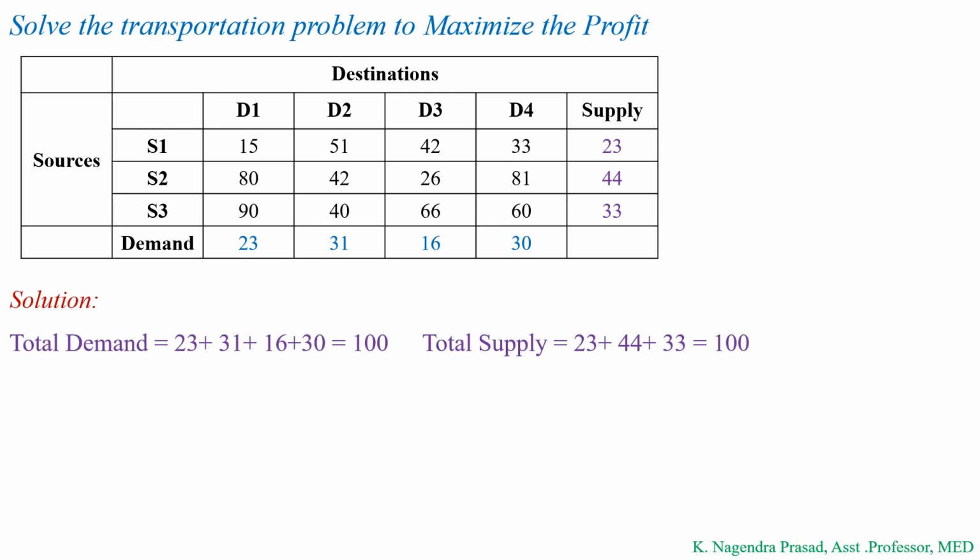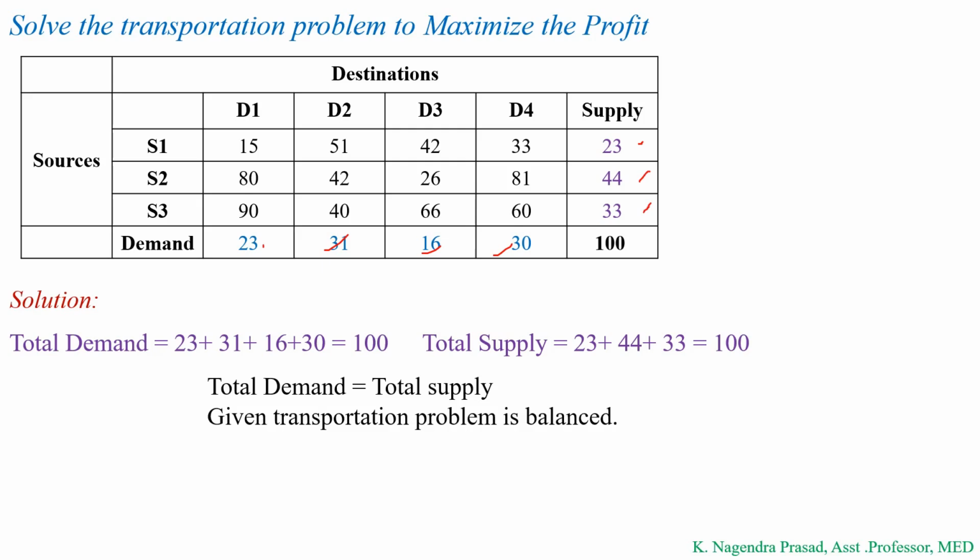Here total demand equals 23 plus 31 plus 16 plus 30, which is equal to 100, and total supply equals 23 plus 44 plus 33, which is equal to 100. So total demand equals total supply. Then the given transportation problem is balanced.